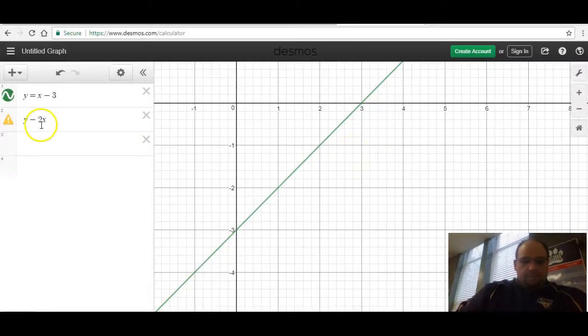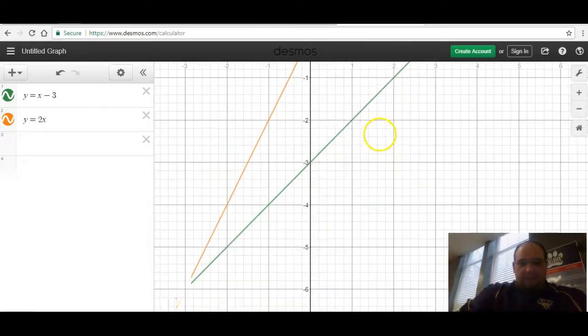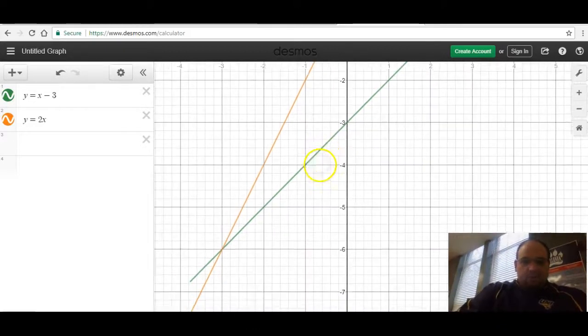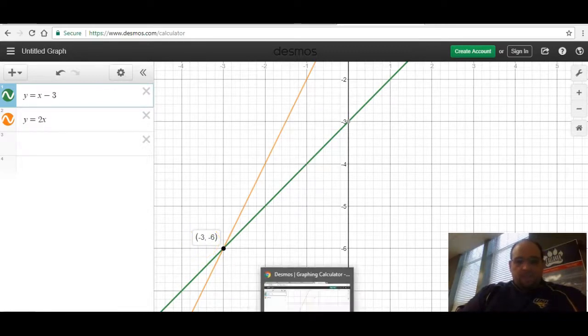Oh, I need to change that, it says y minus, y equals. There we go. So it should be (-3, -6) where it should be at. So it should be in quadrant 3 down here. And if I look, this is the point of intersection. So that means there's one solution. And yep, certainly is (-3, -6). It confirms that.